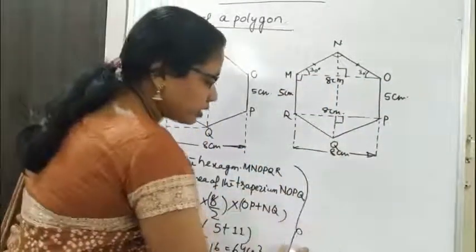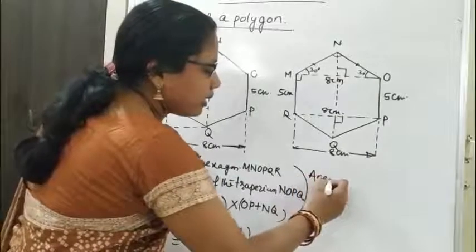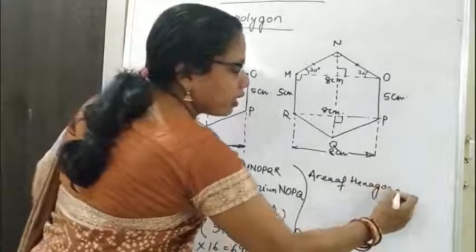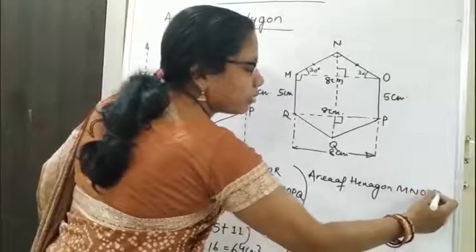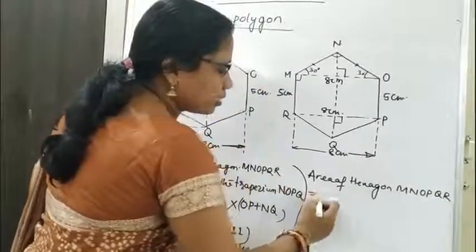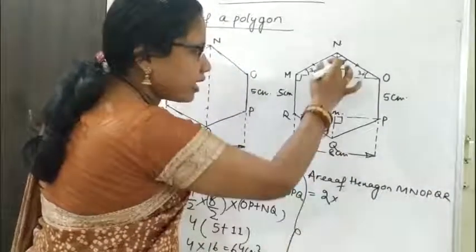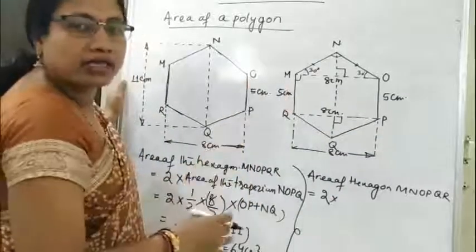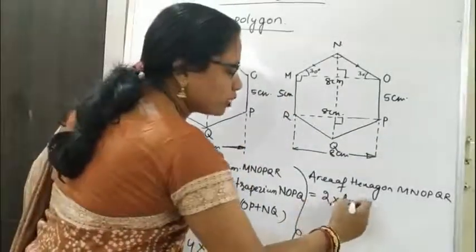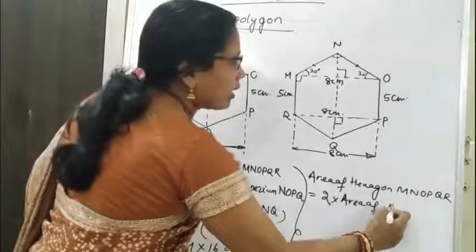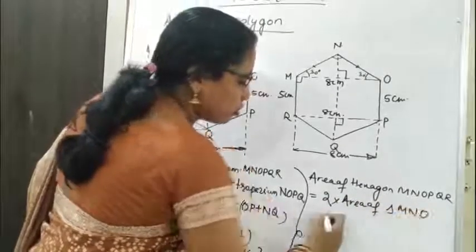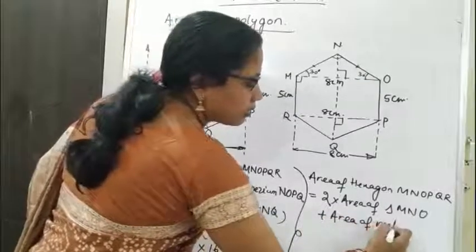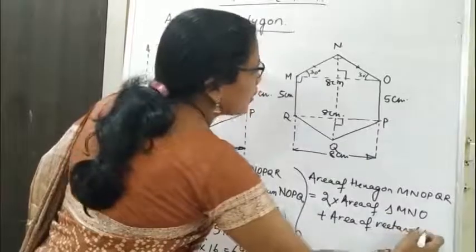In our second case, the area of hexagon MNOPQR is equal to twice the area of triangle MNO, because the two triangles are congruent and their areas are equal, plus the area of rectangle MOPR.